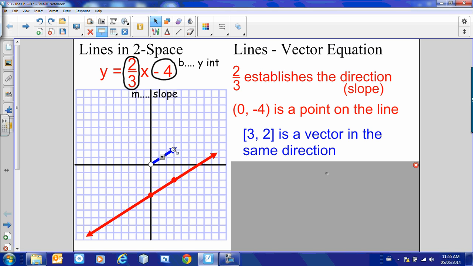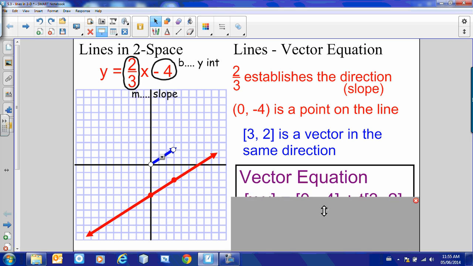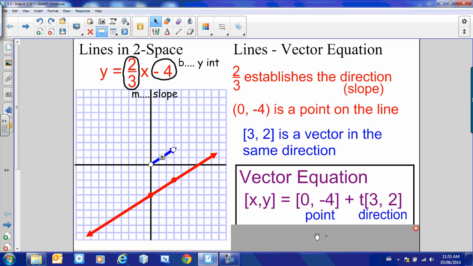So we're going across 3 and up 2. If we look at this written as a vector, the purple is just the format of how a vector equation looks. We establish our vector x, y exactly as we always have. The vector 3, 2 is a vector. The vector x, y in this case represents some vector. We have a point, 0, -4.